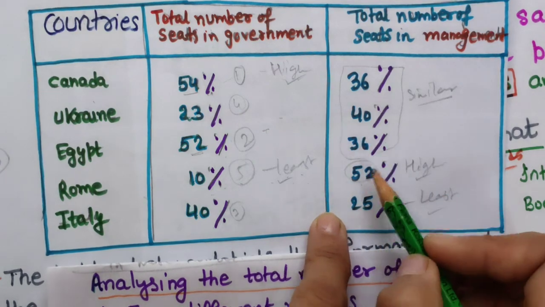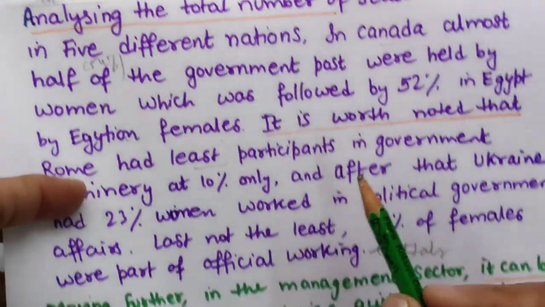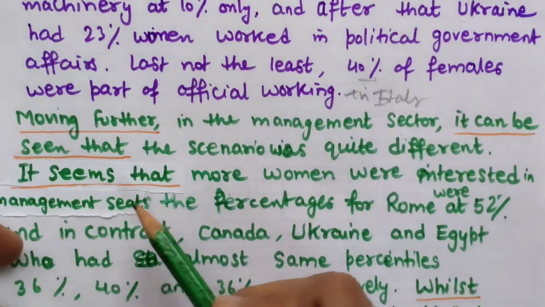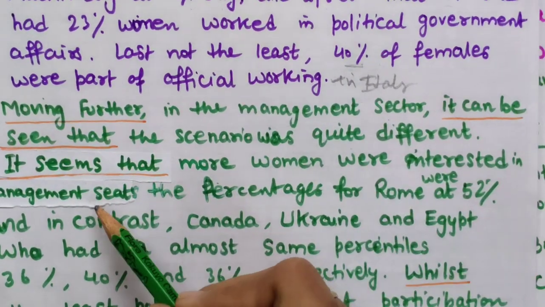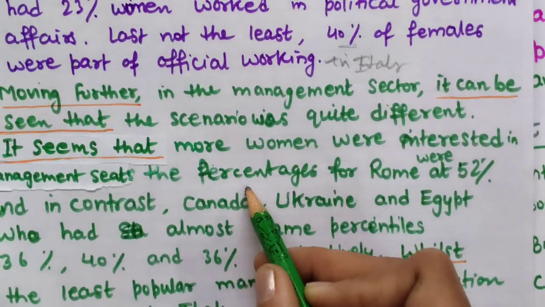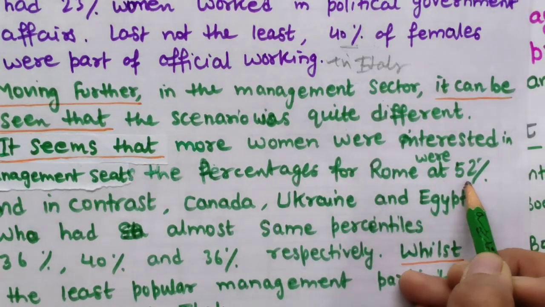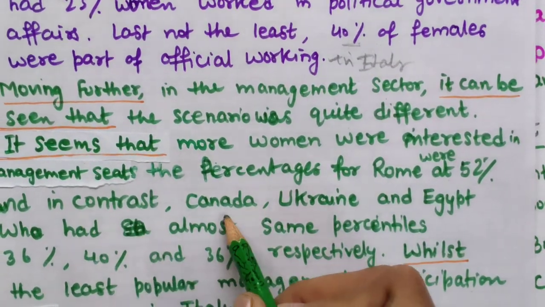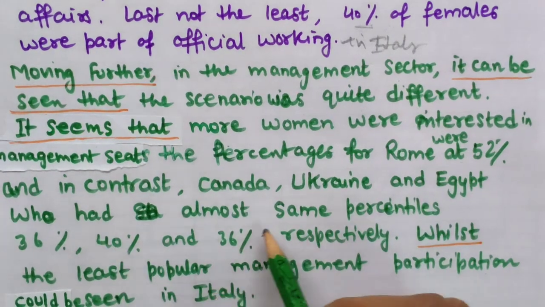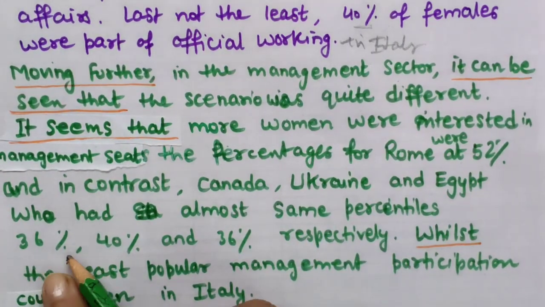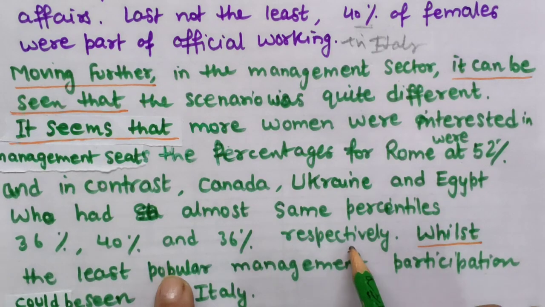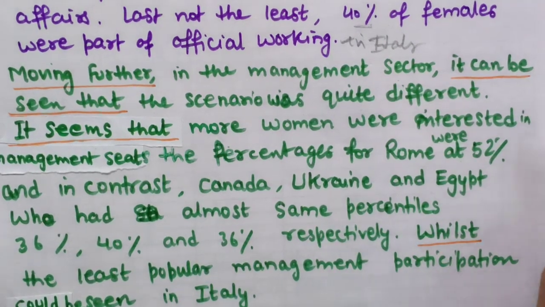So the scenario is different. It seems that more women were interested in management sectors. The percentage for Rome was 52%, and in contrast Canada, Ukraine and Egypt had almost the same percentiles, 36%, 40%, 36% respectively.